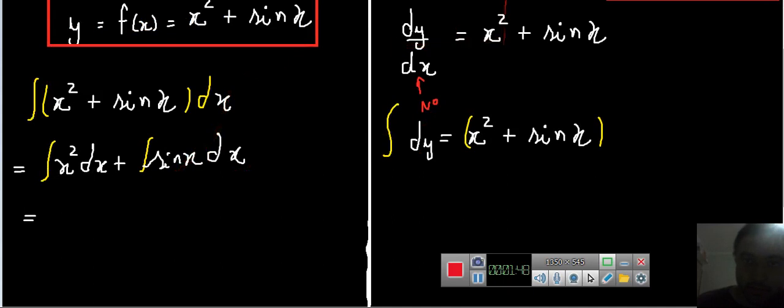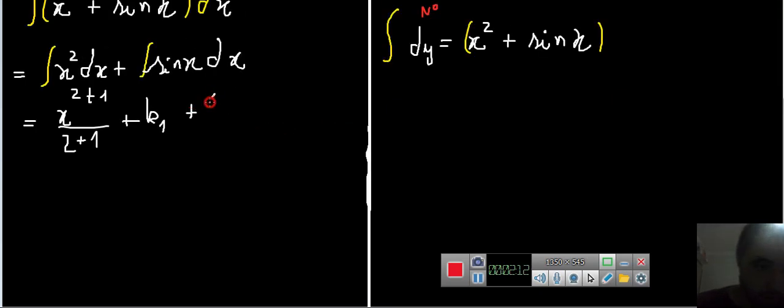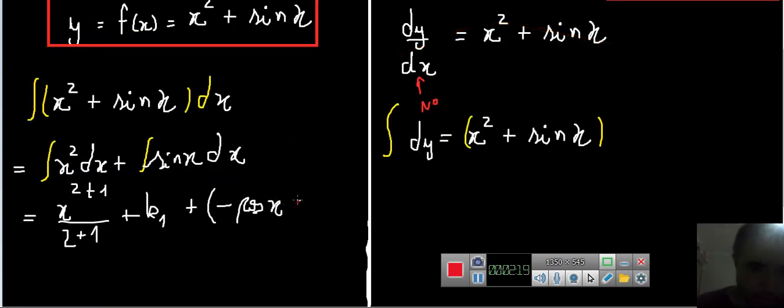So this is x squared plus 1 divided by 2 plus 1, okay, plus the first constant right here. And then we got the integral of sine of x, that is minus cosine, okay? So this is minus cosine of x and plus another constant, okay?